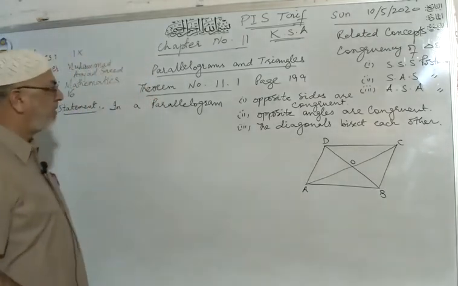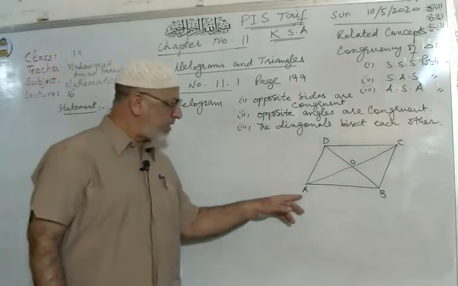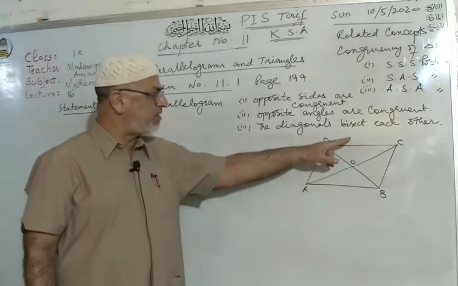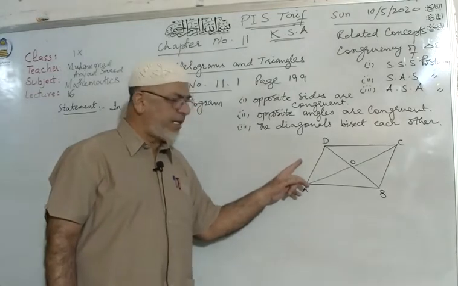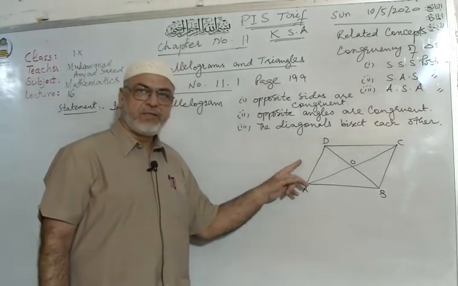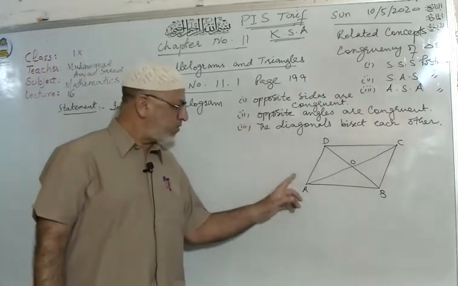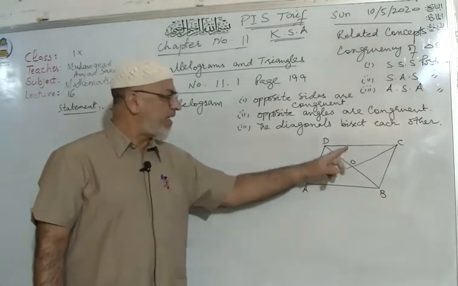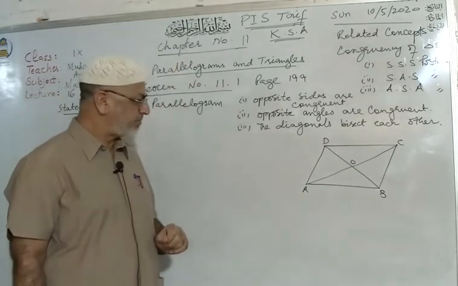So first of all, in quadrilateral ABCD, AB is parallel to DC and BC is parallel to AD. Given is, I am repeating, in quadrilateral ABCD, AB is parallel to DC and AD is parallel to BC.